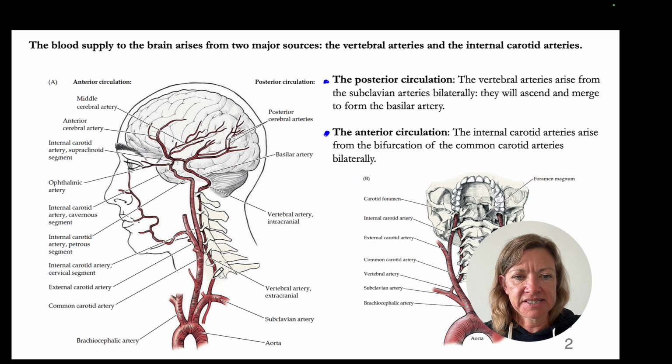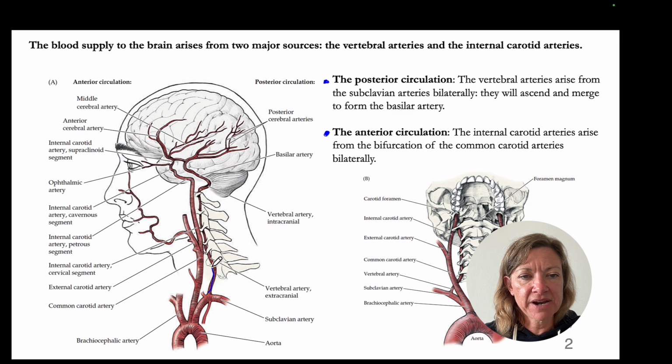In this diagram on the left, in lateral view, you can see the left vertebral artery arising from the subclavian artery and traveling through cervical foramina to arrive at the brain. And the anterior circulation is shown in this frontal view. In terms of the anterior circulation, the internal carotids arise bilaterally from the bifurcation of the common carotids, and that's where they enter the brain.